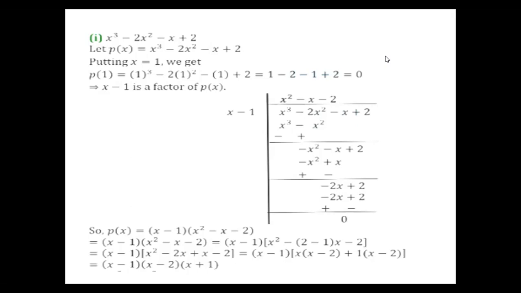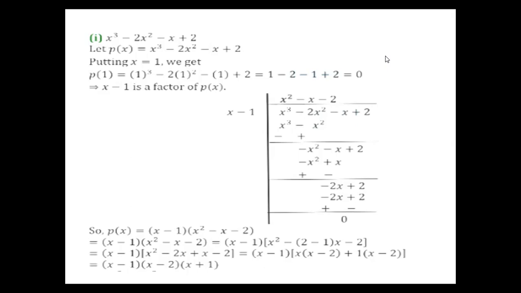Now, let me solve it further. X cube minus x cube get cancelled out. Minus 2x squared plus x squared gives me minus x squared. And then the remaining minus x plus 2 comes down. Now, what do I need? I need minus x squared. What do I have? I have x. So what should x be multiplied with so that I get minus x squared?